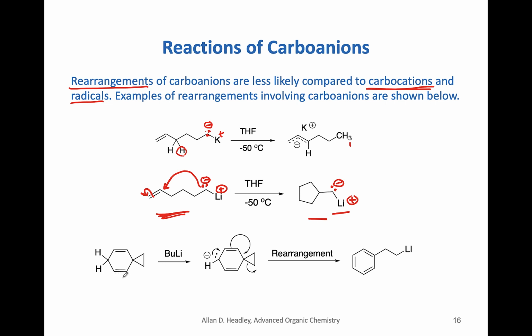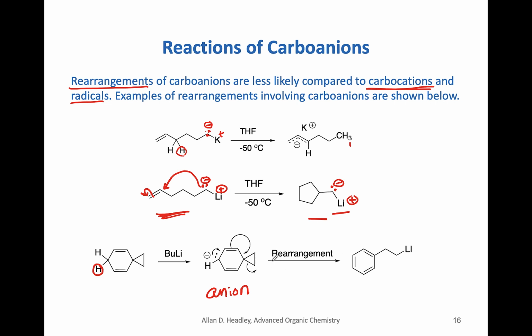Another example: we can abstract this hydrogen as a proton using a strong base such as BuLi, butyl lithium, or LDA if you prefer, to create this carbanion right here. Notice the structure here, a cyclopropane ring, but it can rearrange to give this, as shown with these arrows.